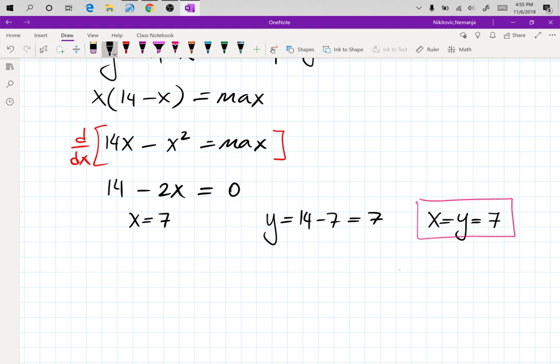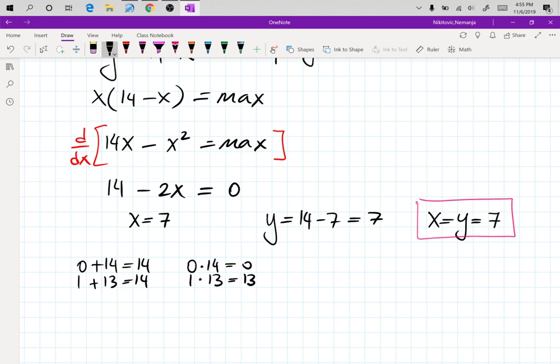Now let's say you would like to challenge this. Well, you can run through calculations with integers to see if this works. So 0 plus 14 is 14. 0 times 14 is 0. 1 plus 13 is 14. 1 times 13 is 13.